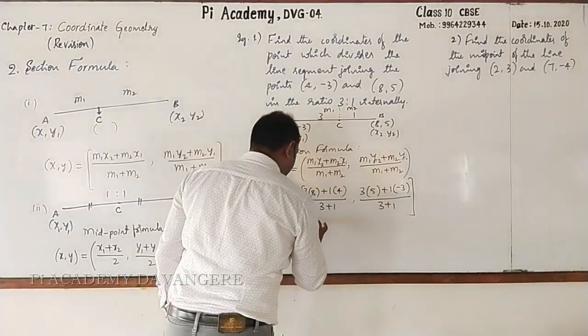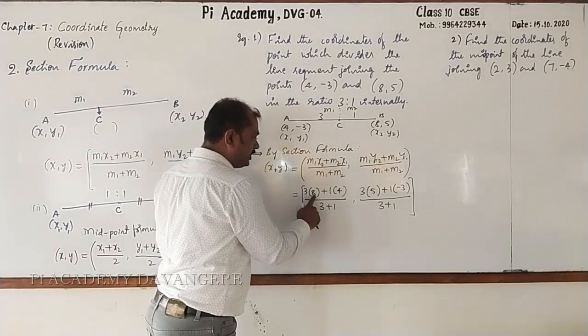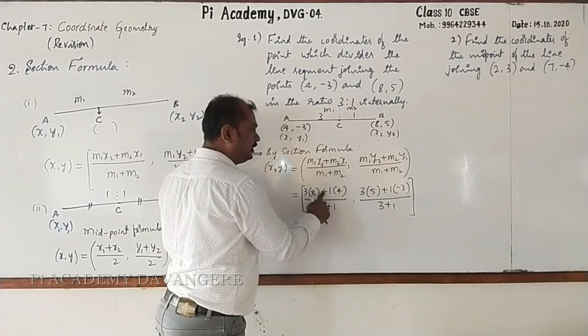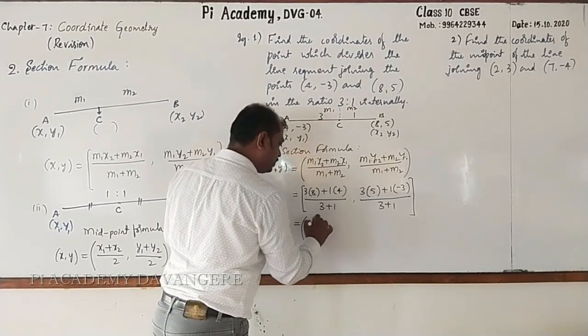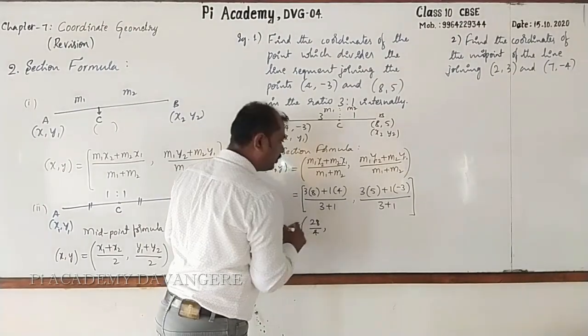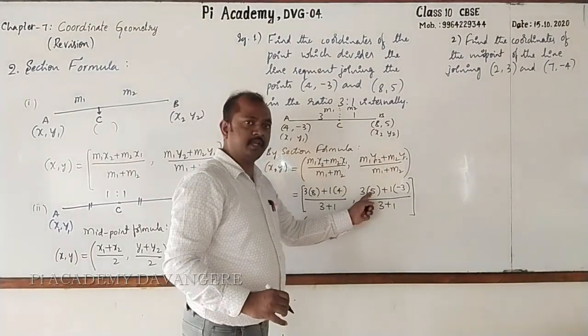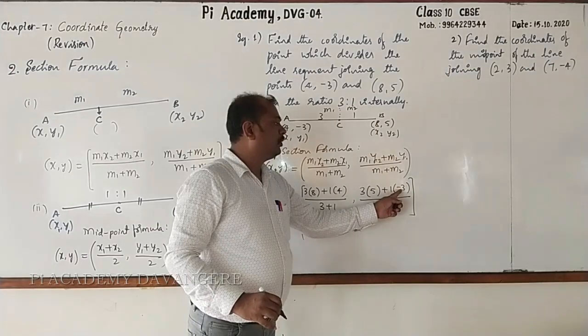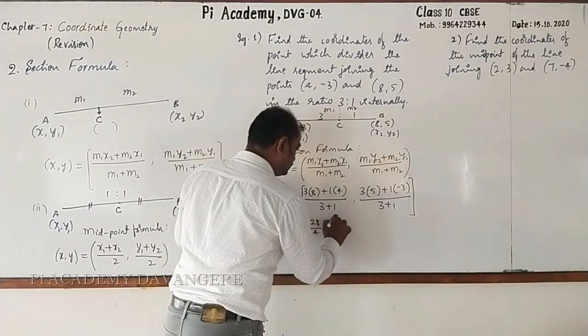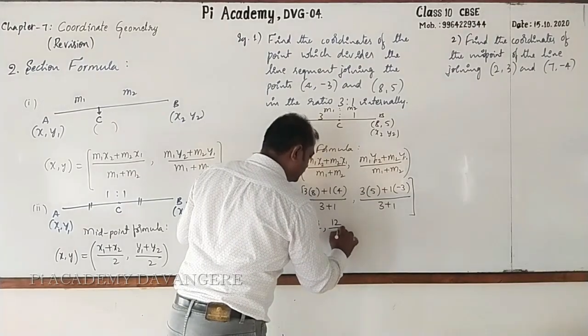This is equal to, observe, 3 8s are 24. 4 1s are 4. 24 plus 4, very good, 28 by 3 plus 1 is 4. Next, 3 5s are 15. 1 into minus 3, minus 3. 15 minus 3, this is 12. Then 3 plus 1, again 4.